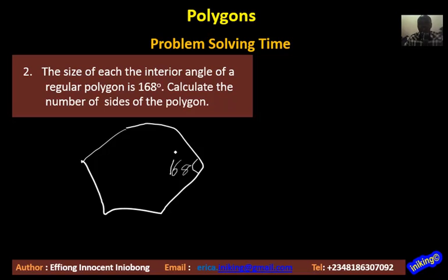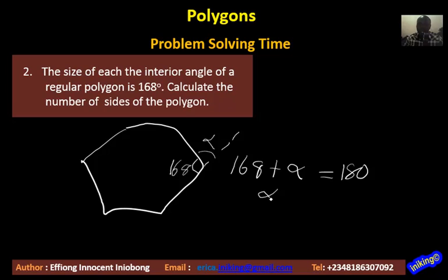Now, since we don't know what the sum is, I cannot use the sum of the interior angles. Rather, I'll try to get my exterior angle from this. We know that the sum of the exterior and the interior angle, let's call this alpha, is 180 degrees. So 168 plus the exterior angle is 180.